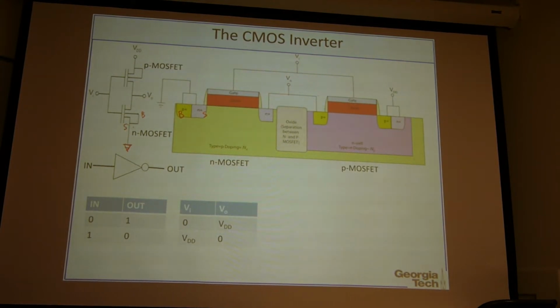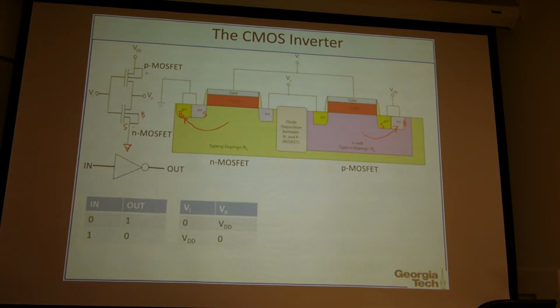So similarly for the PMOS, the body is here. So you will have an N plus doping for the N-type body, and then the PMOS source and body are connected together. Both of them will connect to the VDD.